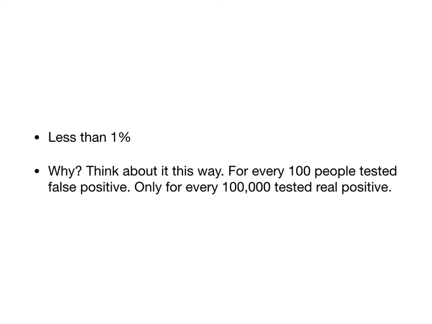It is even more unlikely that this guy actually has the disease, right? Only, from what I've said, 1 in 100,000 people like him have it. So we know that one of two really unlikely things has happened.